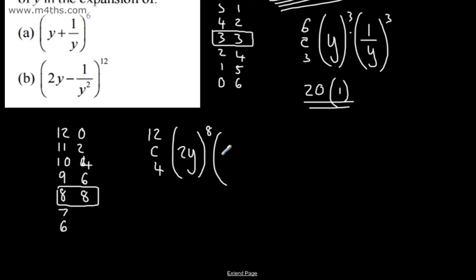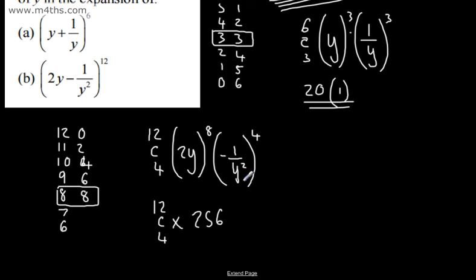Then we're going to have now minus 1 over y squared to the power of 4. Okay, if we look at 2 to the 8th, so let's write this out, 12c4, then we're going to multiply this by 2 to the 8th. Now 2 to the 8th is going to give me 256.